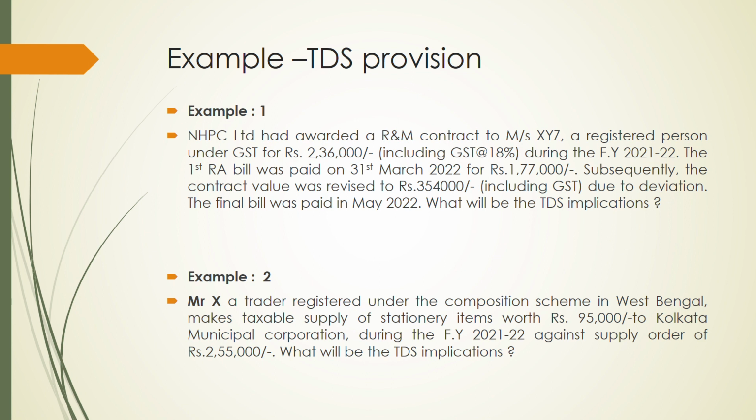Total supply order value is how much? 2,55,000. The composition scheme dealer is not required to collect any tax, so this 2,55,000 is excluding GST. The amount exceeds the threshold limit of 2,50,000. So even if the payment made is 95,000, since the contract value is more than 2.5 lakh, TDS provision will be applicable.